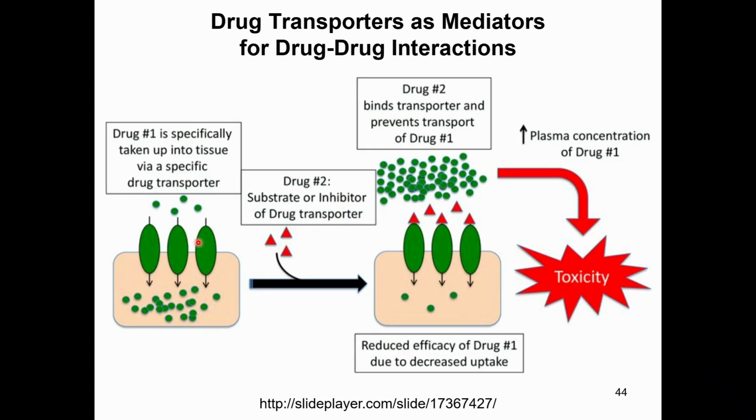Maybe it inhibits the transporter that takes the first drug into cells, okay? And then you have a drug-drug interaction, and you can get high levels of the drug being accumulated in some cases, or low levels, depending on how it's configured. So drugs that affect transporters, you have to be especially careful, because those can cause drug-drug interactions very quickly or very easily. They're especially prone to participating in drug-drug interactions.